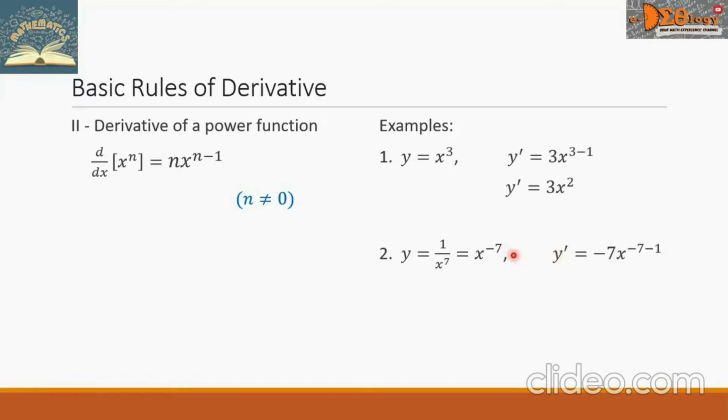That is the power that will come down here as coefficient times x raised to negative 7 minus 1. So in the exponent, the negative 7 minus 1 becomes negative 8. Putting this negative exponent into positive exponent, so we have our final answer as y prime equals negative 7 over x raised to 8.